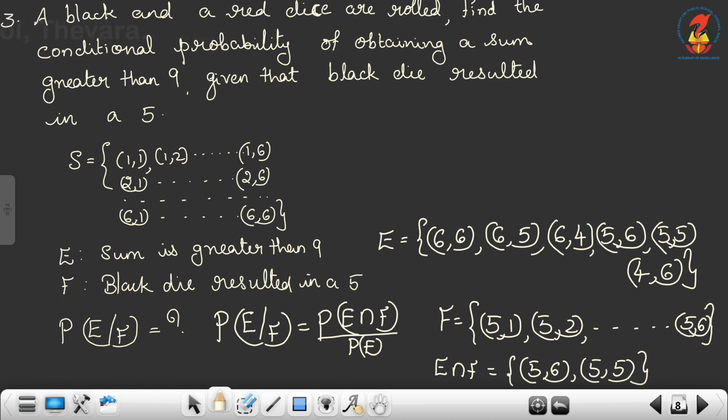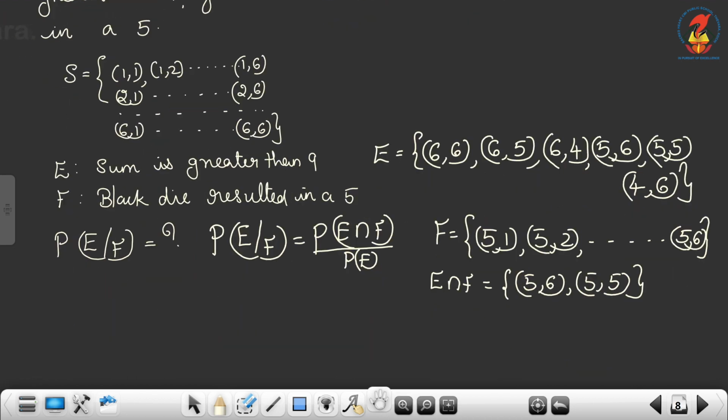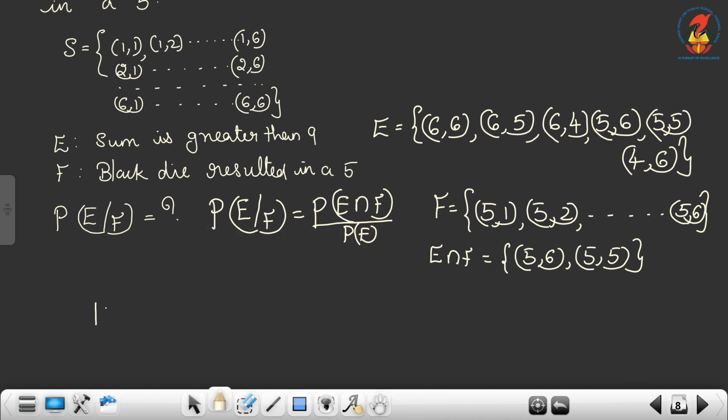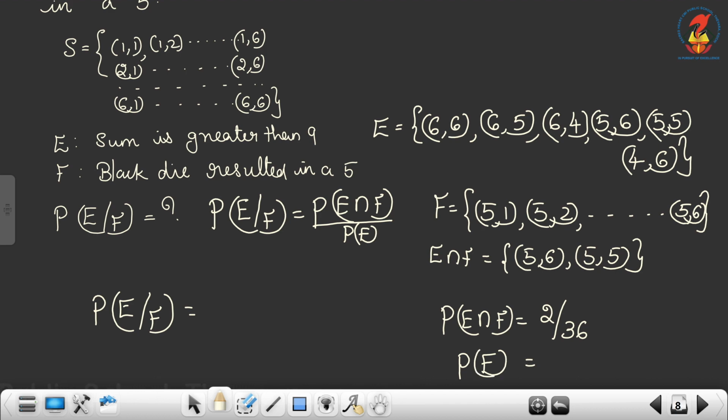Now find the corresponding probability and substitute. So what is P of E intersection F? P of E given F is equal to P of E intersection F. So you have to take the number, 1, 2. 2 out of what? 2 out of the sample space. How many elements in the sample space? 36 elements are there. So 2 by 36. Then the denominator is P of F. In F how many elements? 6 elements now.